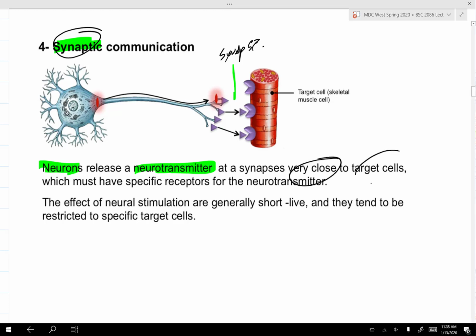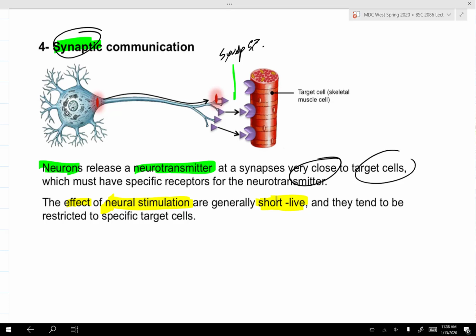So it's very close to the target cells, and it has effects of neural stimulation. So it's fast, but at the same time, how long does it stay within the area? Short-lived. If you build a hormone and the hormone has to go from your brain all the way to your toe, it's going to take a long time for the hormone to disintegrate.